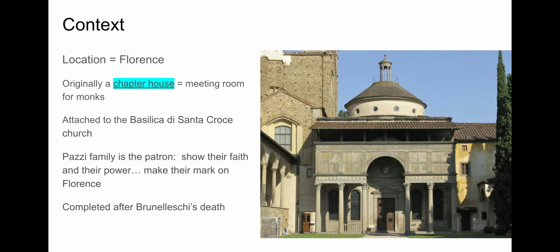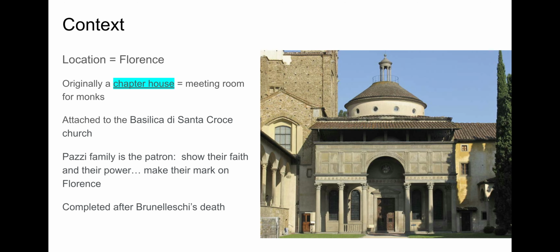They use art, especially religious architecture, to show their faith. That's part one, but also to make their own mark on the city and therefore show their power. That would be the second part of that construction.